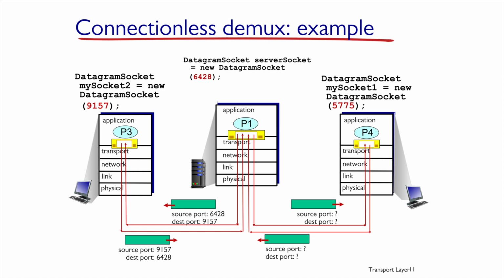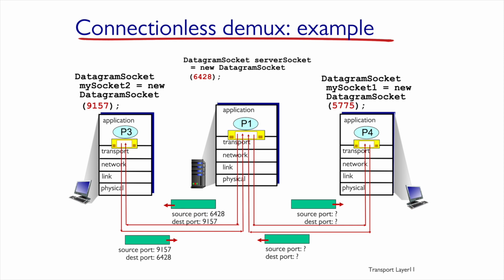As we said, the source port should be the same as the port the message left from, meaning the source will be port 5775, and the destination port will be equal to the port number P1 listens to, 6428 in our case. The IP address will be the IP of the host running process P4, and the destination IP will be the host running process P1.